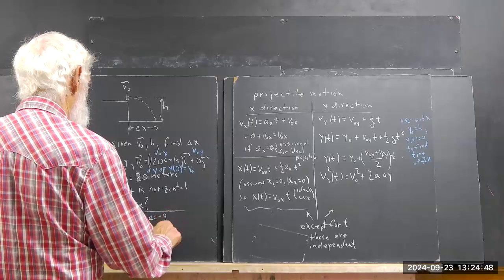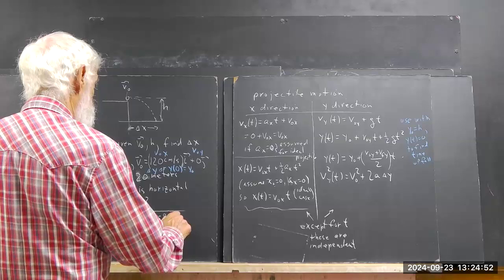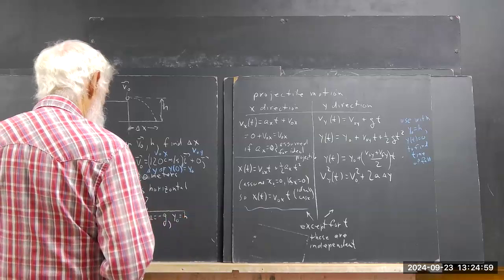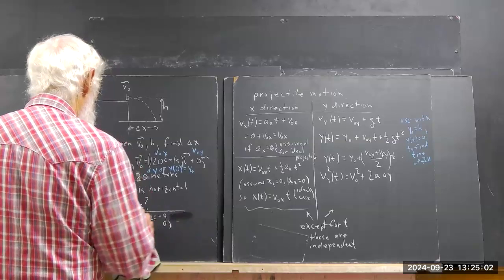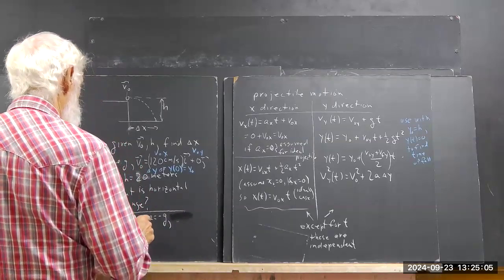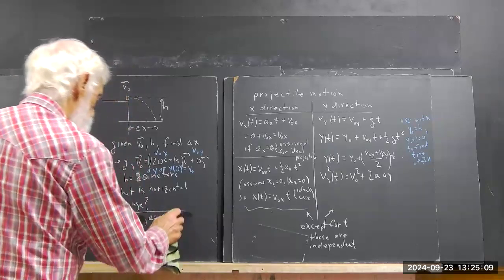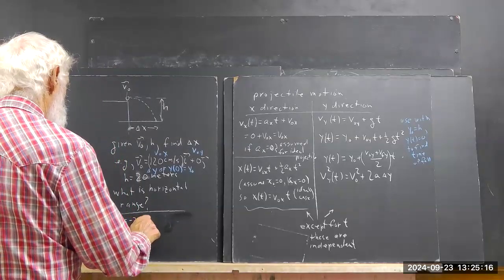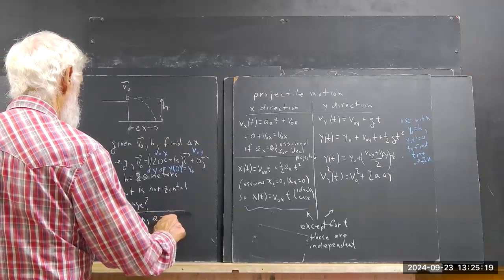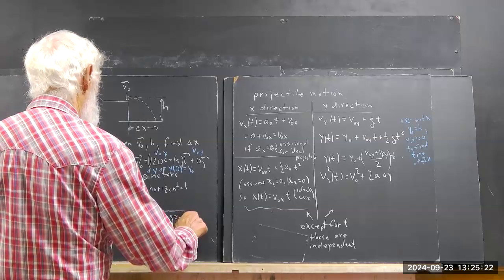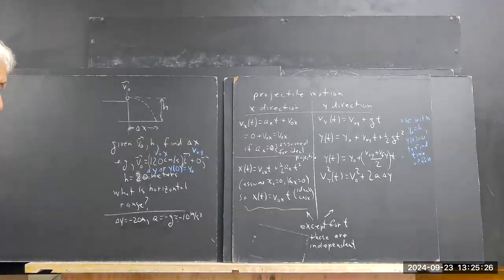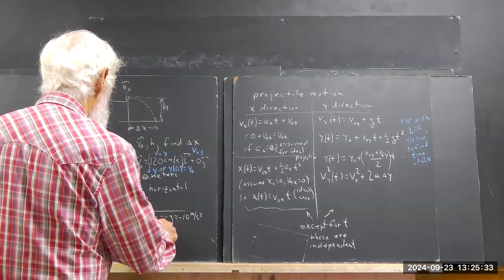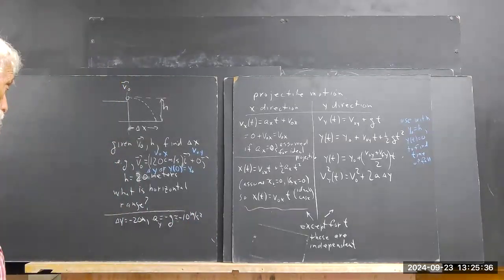Acceleration equals negative G. Otherwise, AY equals negative G. You get negative 10 meters per second squared.